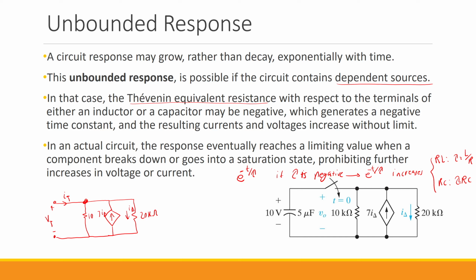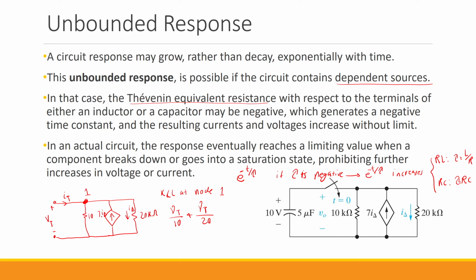we can write the node voltage equation at this node. I call it node 1, and I write KCL at node 1. What I get is VT divided by 10 plus, for this current, VT divided by 20. The current that goes through this 20 kilo ohm resistor is VT divided by 20 kilo.